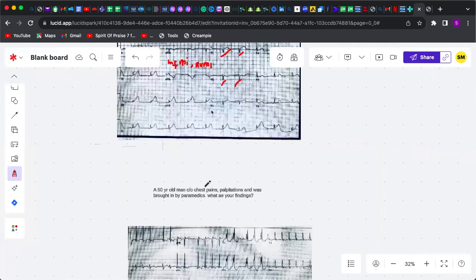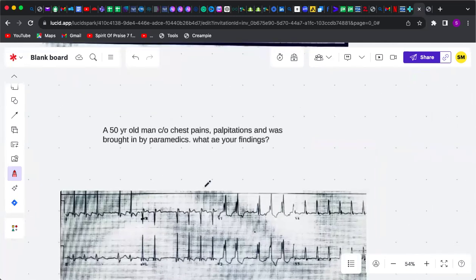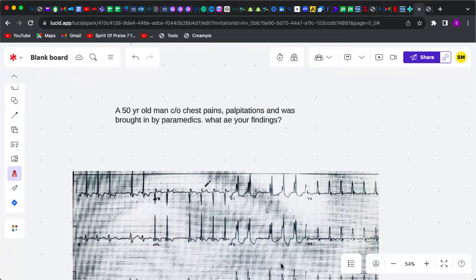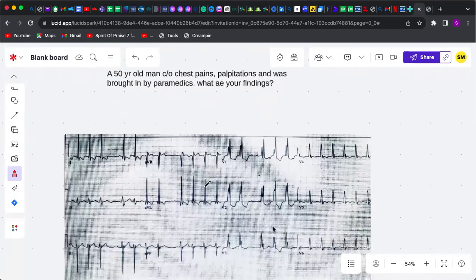Then we have a second question here. Okay. A 50-year-old man who complained of chest pains, had palpitations, and was brought in by the paramedics. And we actually find, what we're seeing in the findings, right?